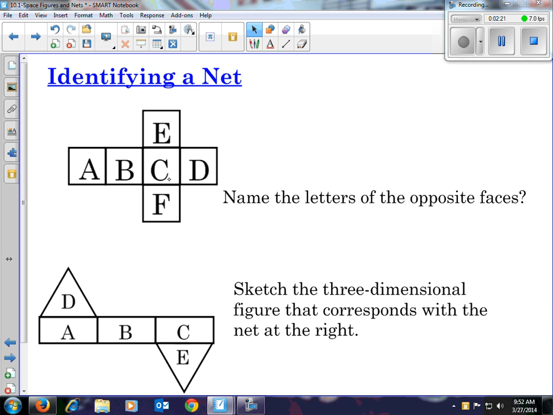So first thing we're going to do is identifying the net. So the first one is we're going to talk about what this shape could be. If I fold in all of these pieces, so if I fold in the E and F, then I would have a shape that has 4 boxes going this way, like this.